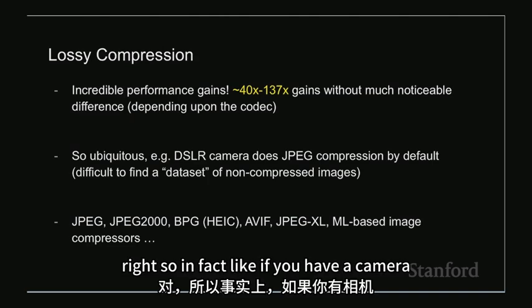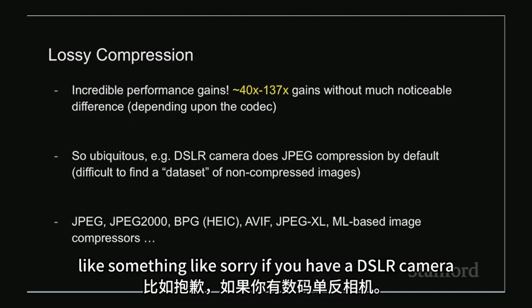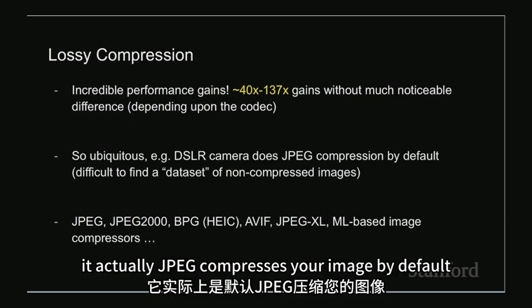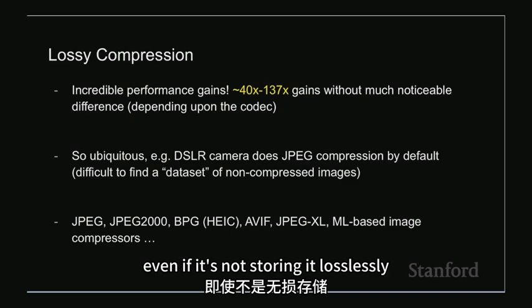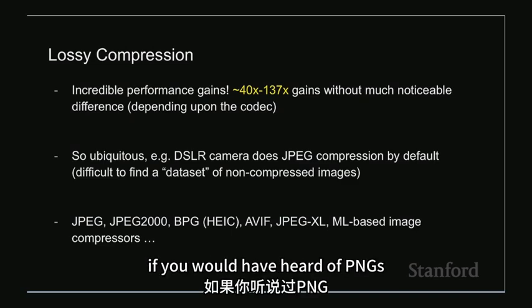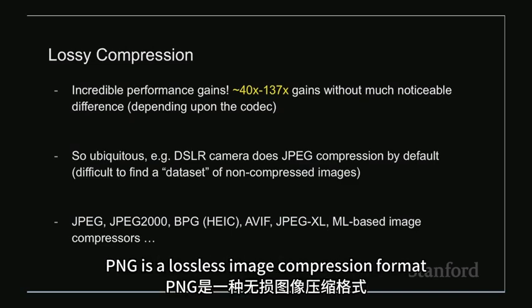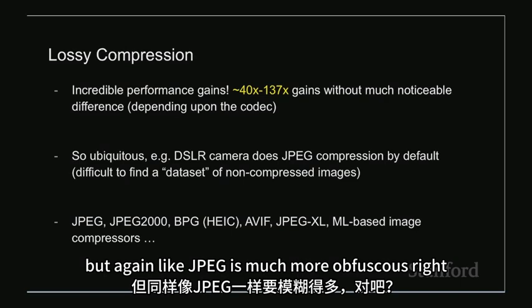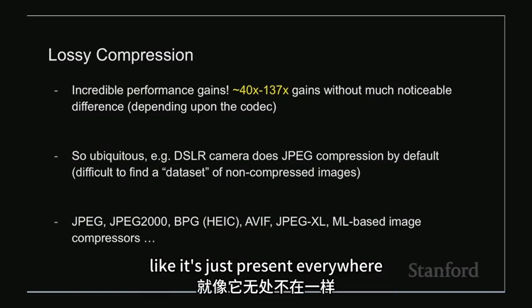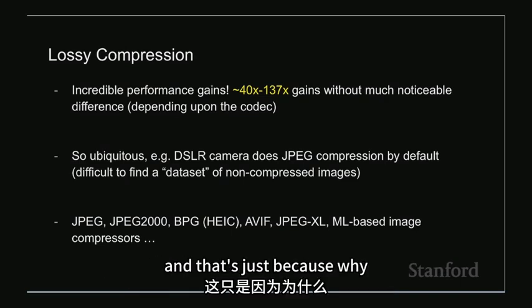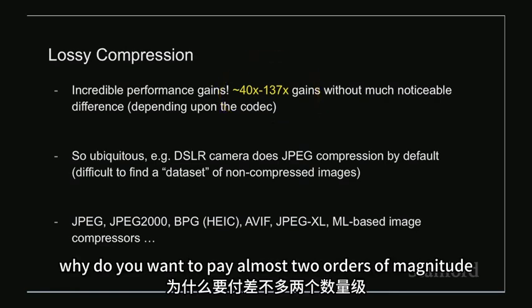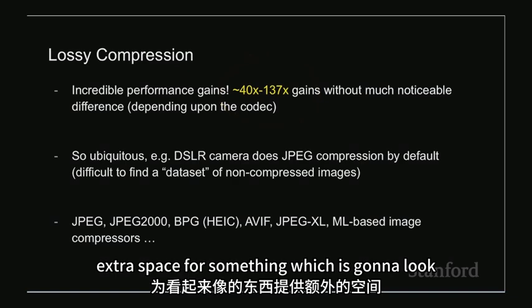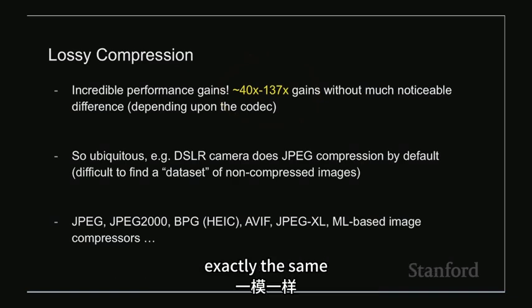If you have a DSLR camera, it actually JPEG compresses your image by default, rather than storing it losslessly. You may have heard of PNGs, a lossless image compression format, but JPEG is much more ubiquitous, present everywhere. Why would you pay almost 2 orders of magnitude extra space for something which is going to look exactly the same?